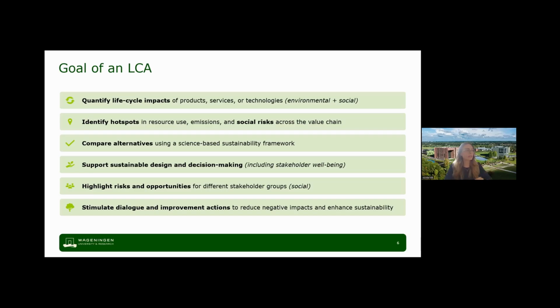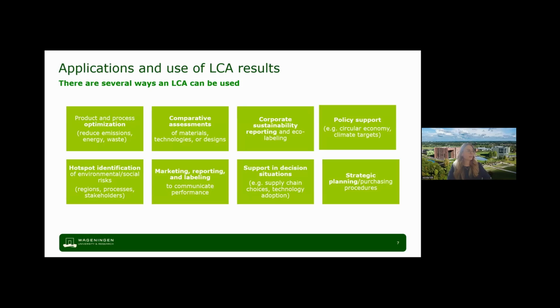To put your action into the right parts of the value chain to make sure to minimize the negative impact and to improve the positive impacts. And these goals can serve for certain applications, so to optimize processes, to compare, but also for eco-labeling, for example.